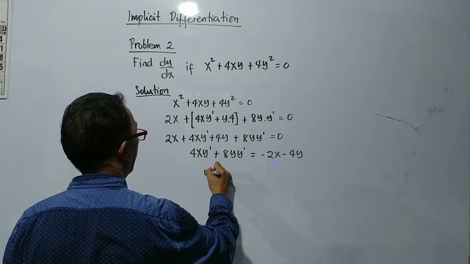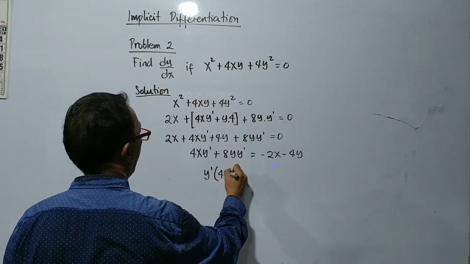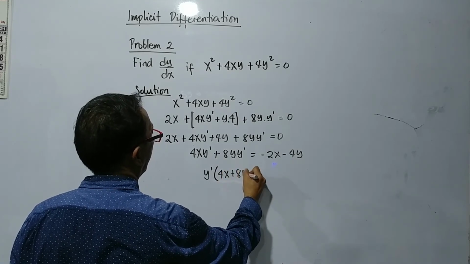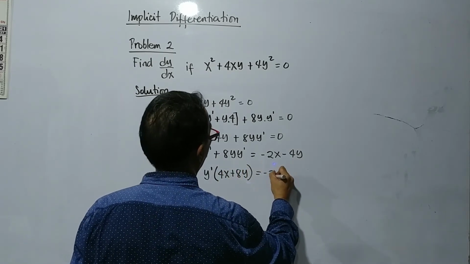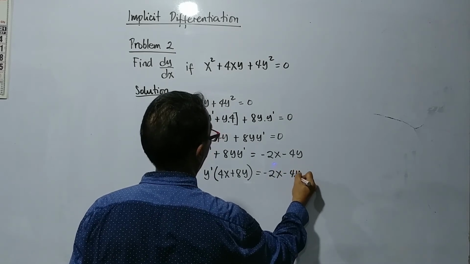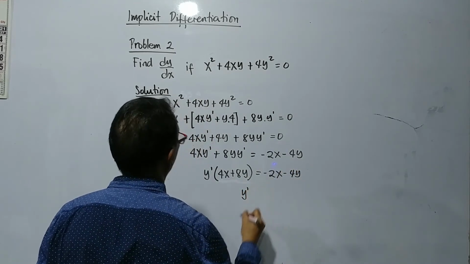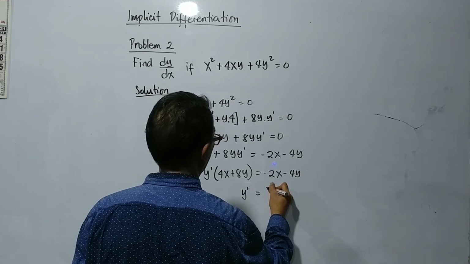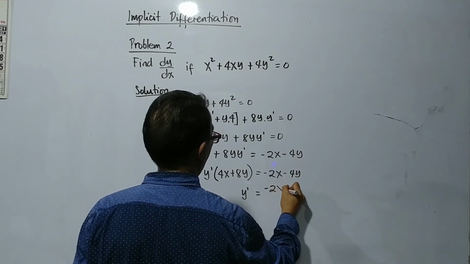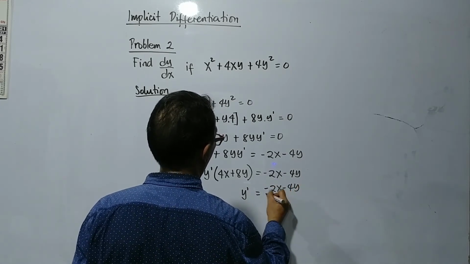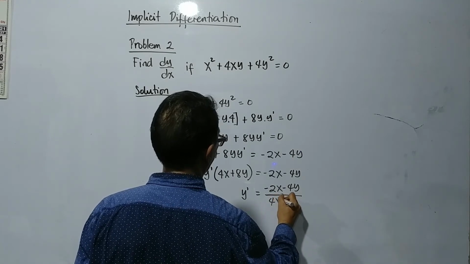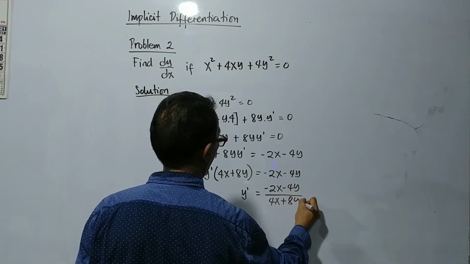So we have y prime times (4x plus 8y) equals negative 2x minus 4y. So y prime now is equal to negative 2x minus 4y over 4x plus 8y.